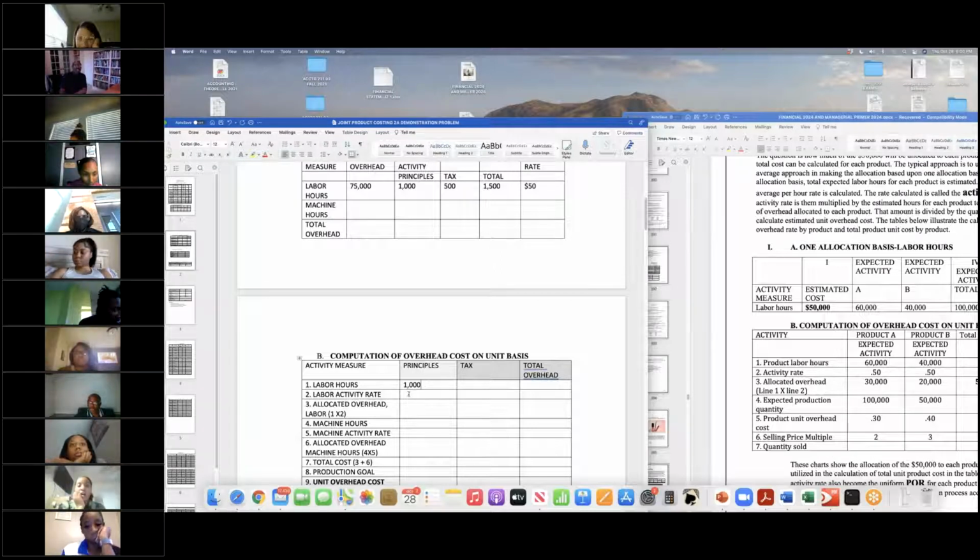What's on the second line, Parker? You mean number 2 underneath it? Oh, underneath. We gotta let them do something, Parker. So what's on line 2? 50. Principal, where did the 50 come from? At activity rate.